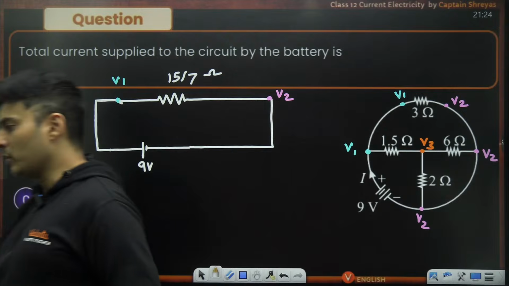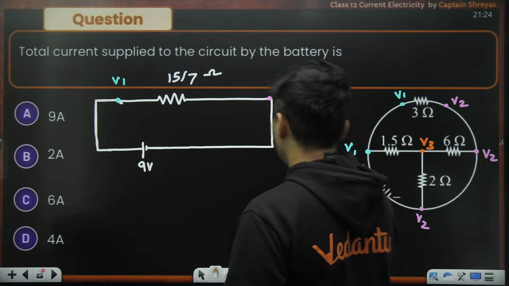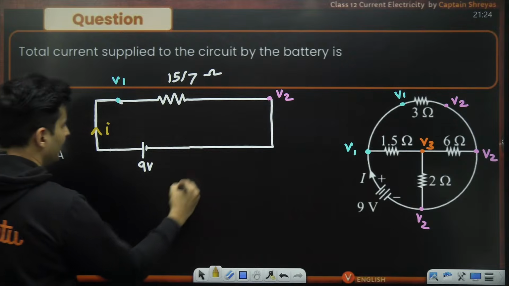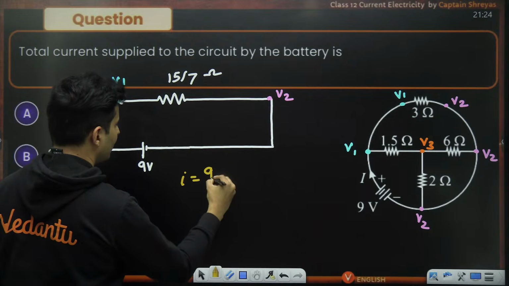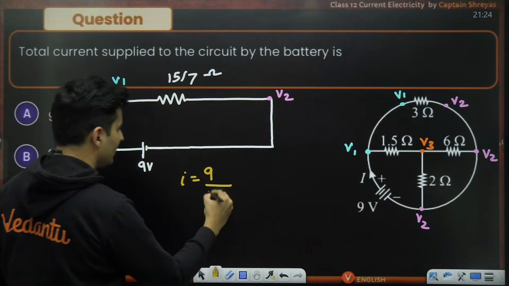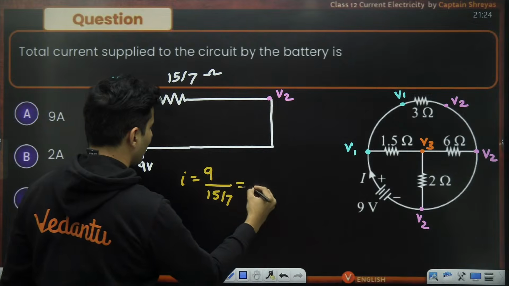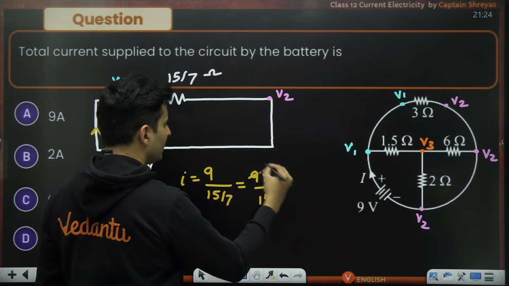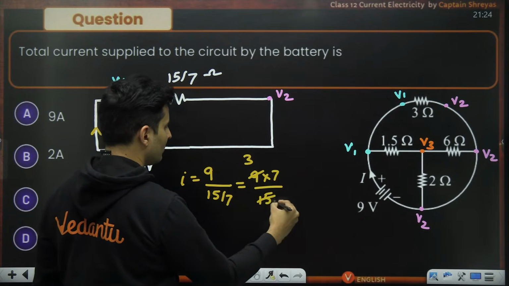Yeah, very good. Now the total current supplied to the circuit. Well, now it is easy. This particular current will be the total voltage, which is 9 volts, by the total resistance, which is 15 by 7. So 9 multiplied by 7 by 15. 9 goes with 3 3 times, 15 goes with 3 5 times.